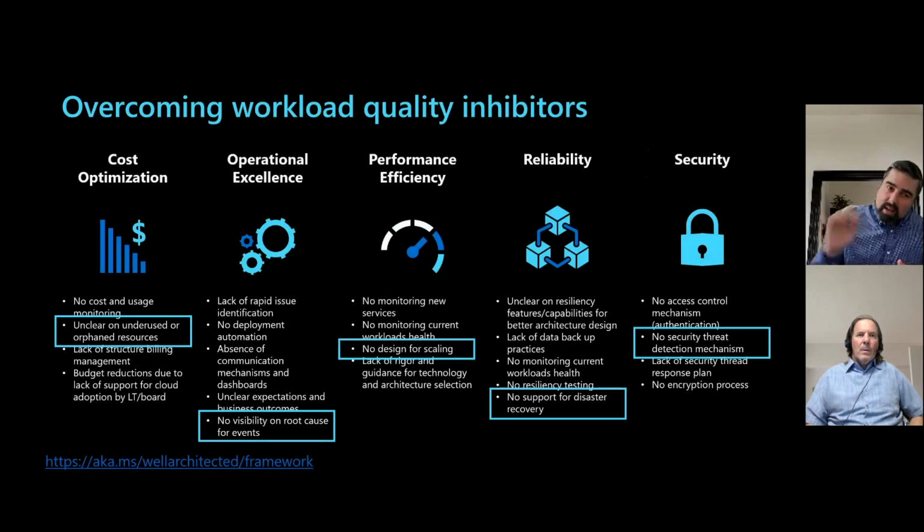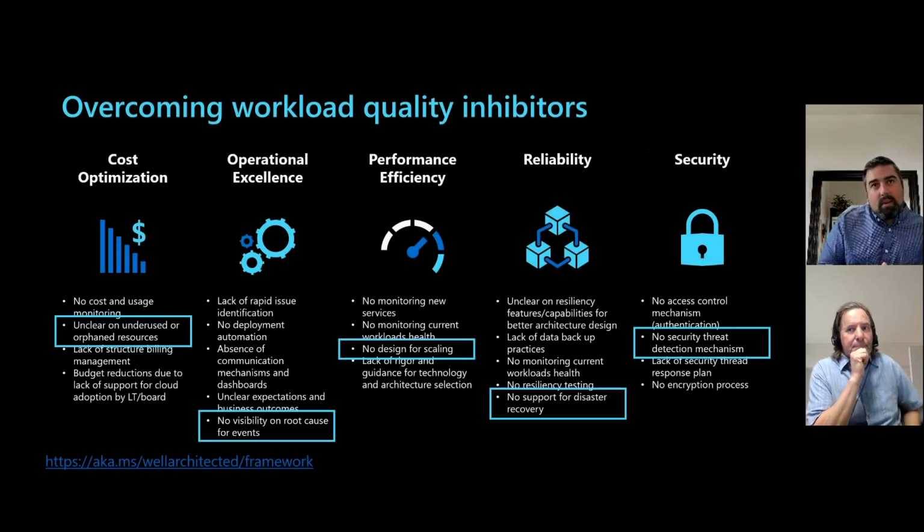That doesn't really cost a lot of money, but the use case that we talked about for a brief second there, with the cost one, having a gigantic VM running that nobody's actually using, those types of things are going to affect your cost. For the operational aspect of this, not having any visibility into the root cause for events, that's also something that we see is very common.